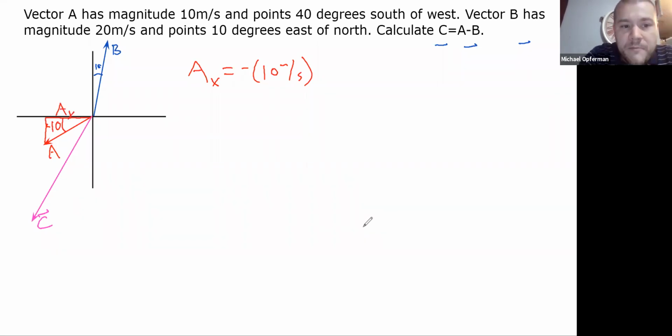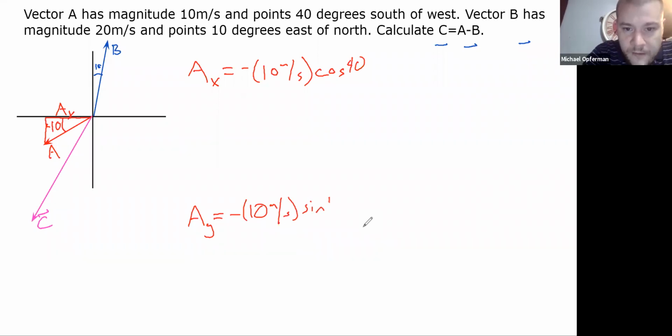So that means the X component is adjacent to the 40-degree angle. So I'll have cosine 40. And what happened to my calculator? Well, I'll just keep going. So we've got vector AX there. We also need AY. So AY is also negative. It'll be 10 meters per second, sine of 40.